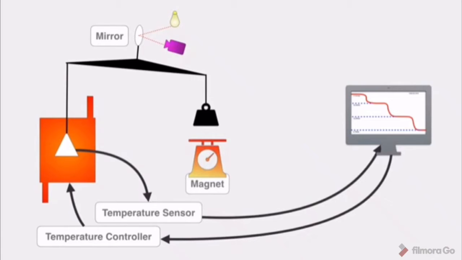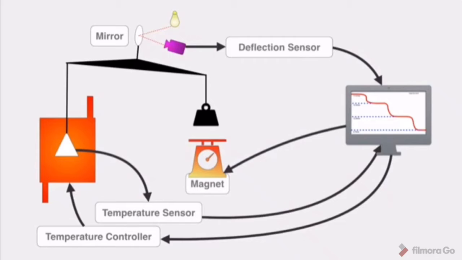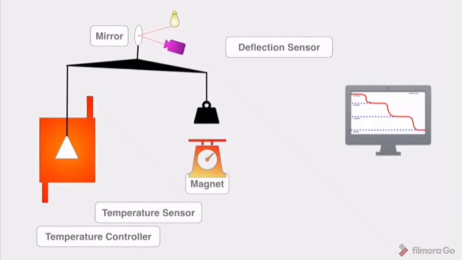The pans of the balance move upward and the reference weight moves downward. During this movement, the mirror attached to the balance reflects the light at a certain angle. This deflection in the light beam is recorded by the computer, and the computer again sends the required amount of current to the magnet so that the reference weight is pushed upward again and the mirror is moved to its horizontal position.